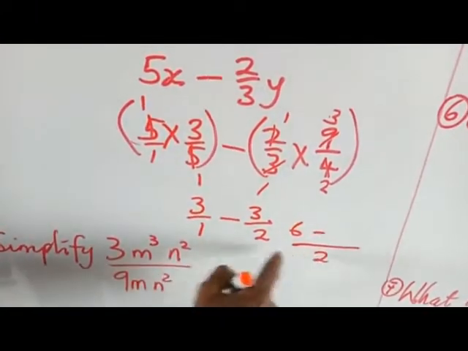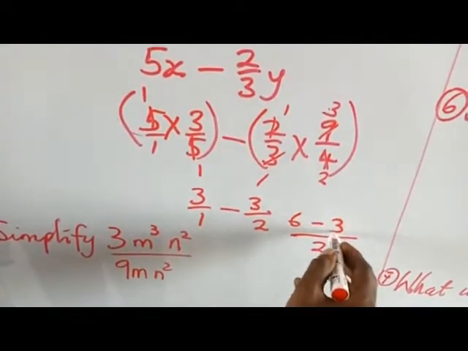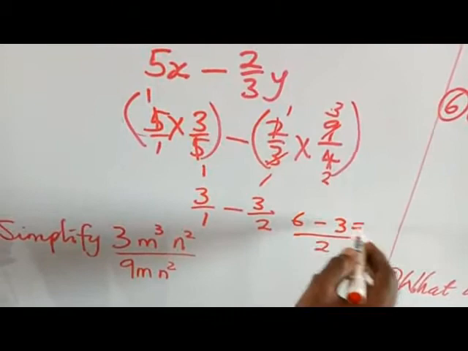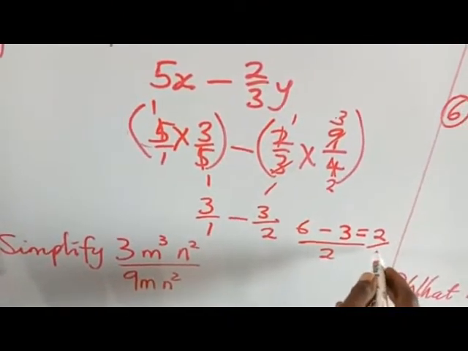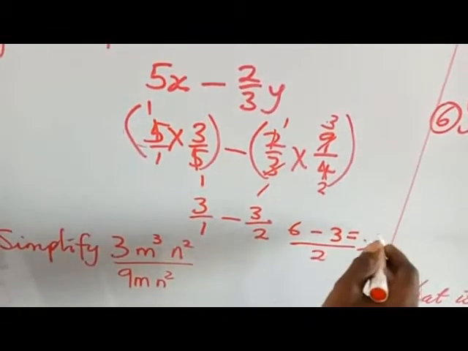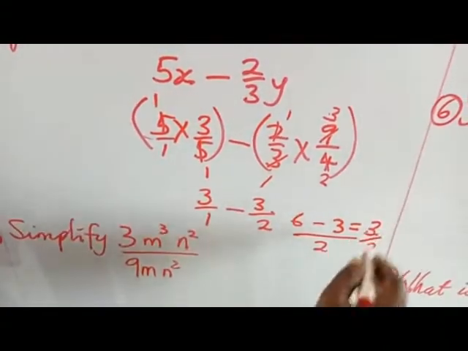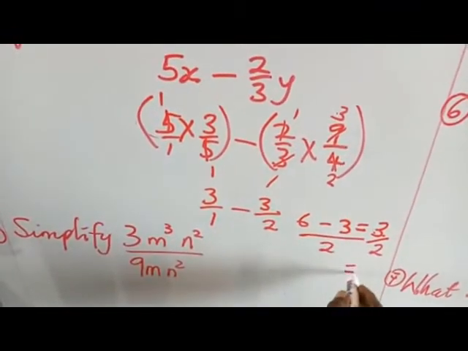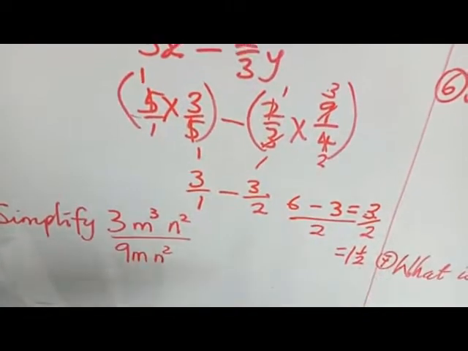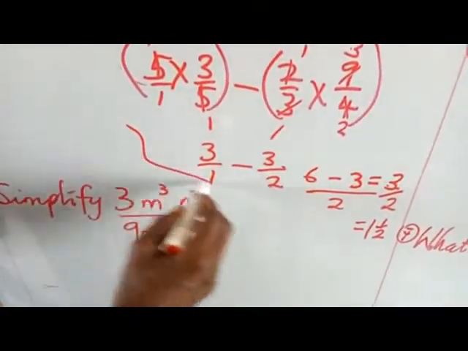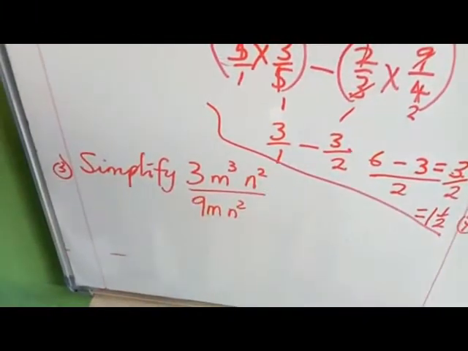Minus 2 divided by 2 is 1. 1 times 3 is 3. So we have 6 minus 3, which is 3 over 2. And you can't leave it like this. This is improper, so you need to change it to a mixed number. And this gives us 1 whole number, 1 over 2. That is how we got this answer. I believe that is clear.